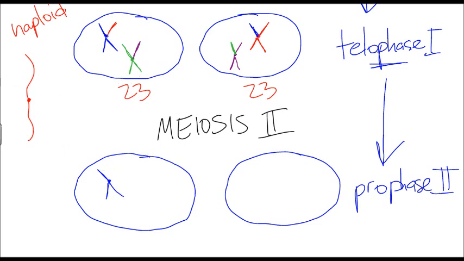The cells are now getting very close to pretty much lining up along the center. So there really isn't much of a difference. Now, let me draw that blue piece there. Put in the red. So here's the other chromosome. So telophase 1 and prophase 2, not really much different.